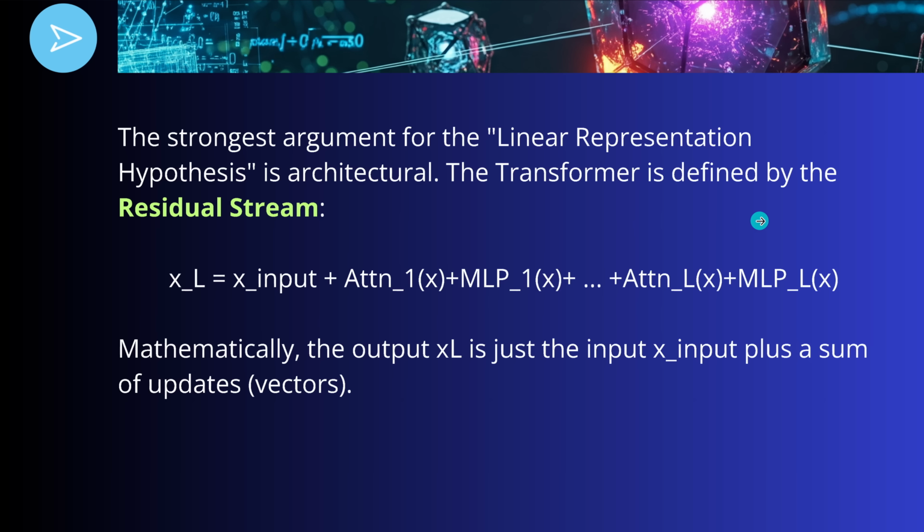But there's another way to think about this. The strongest argument that we have for this linear representation hypothesis is the architectural concept of our transformers today. Because the transformer is defined by the residual stream. So mathematically, you see here the residual stream. The output XL is just here the input plus a sum of update where those are represented here as high-dimensional vectors or tensor structures.